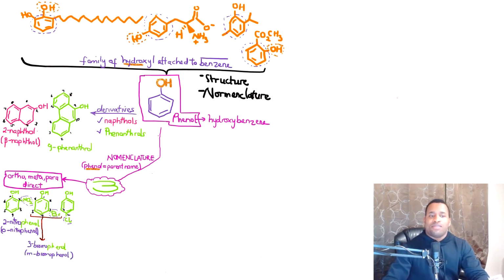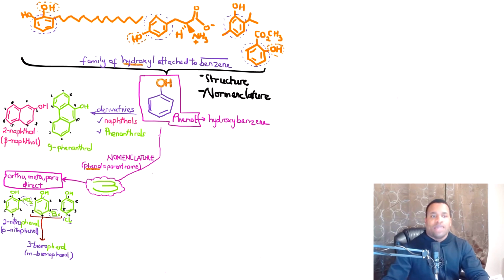Since it is attached to number 3, we call this meta, because the functional group is at carbon 3 relative to the primary functional group, which is the phenol right there.